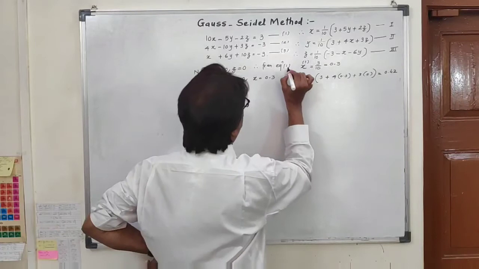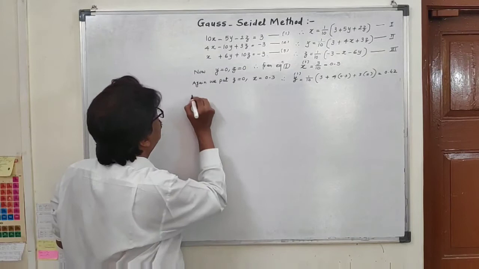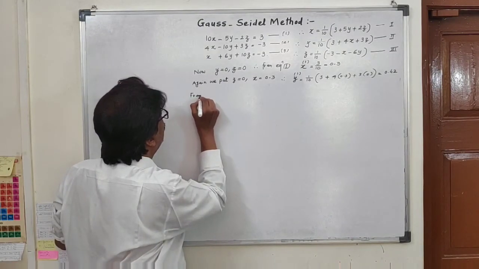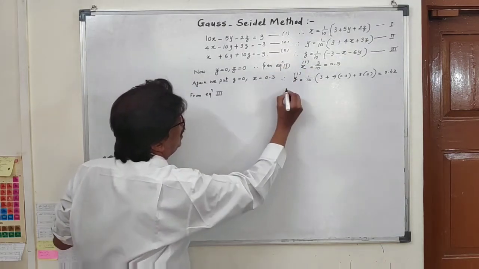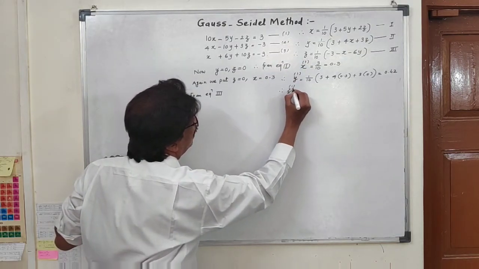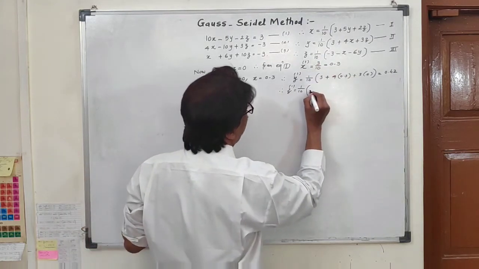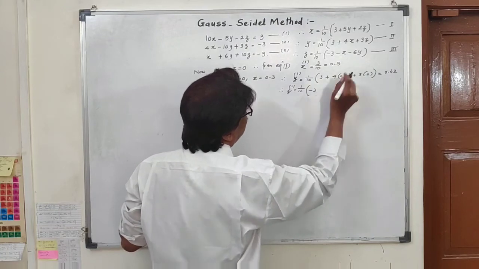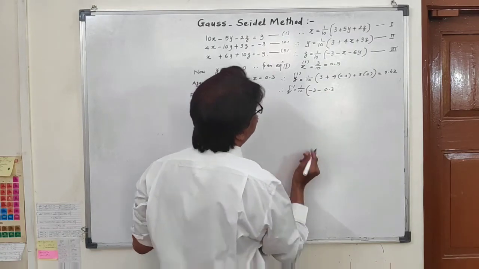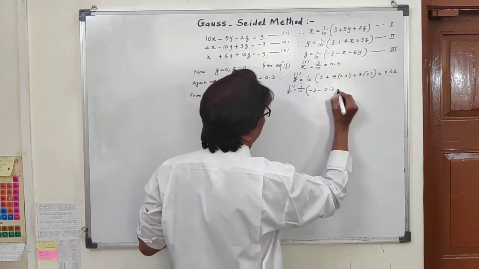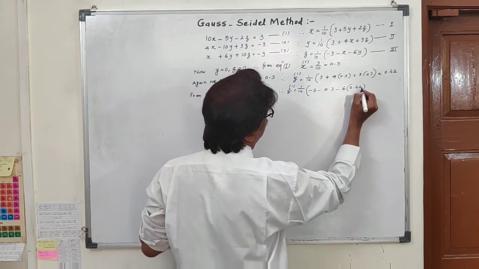From equation Roman 3, the first iterated value of z1 is again 1 by 10 times (minus 3 minus x minus 6y). The recent value of x is 0.3 and the recent value of y is 0.42.